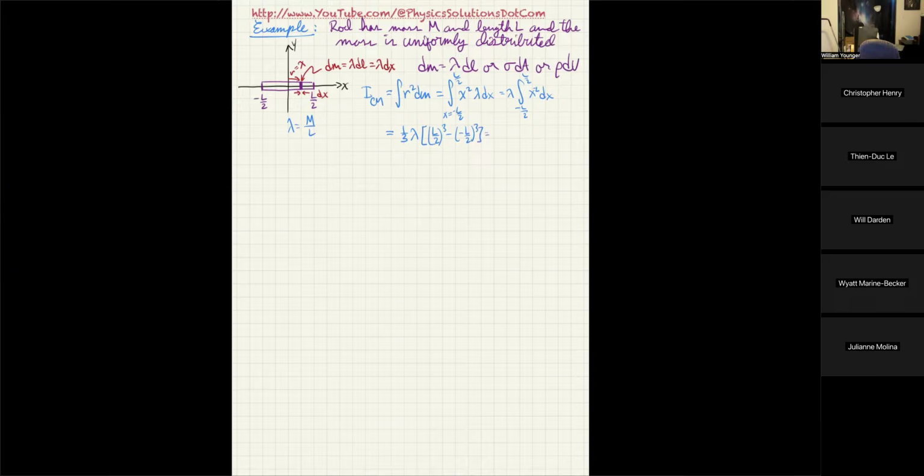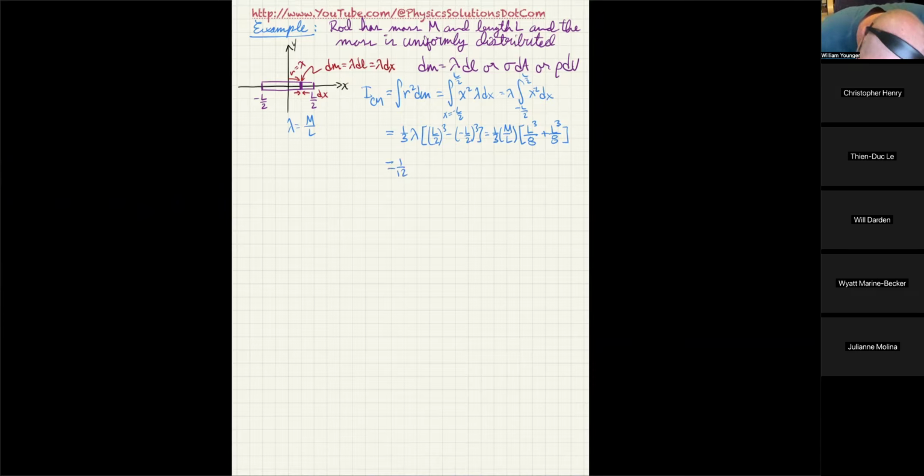And the lambda is m over L, so I'm going to go ahead and put that in. So m over L. And now this becomes L cubed over 8 minus a negative becomes a positive L cubed over 8, because when you cube a negative, it becomes a negative, and a negative times a negative is a positive. So I get L cubed over 8 plus L cubed over 8, which is L cubed over 4.